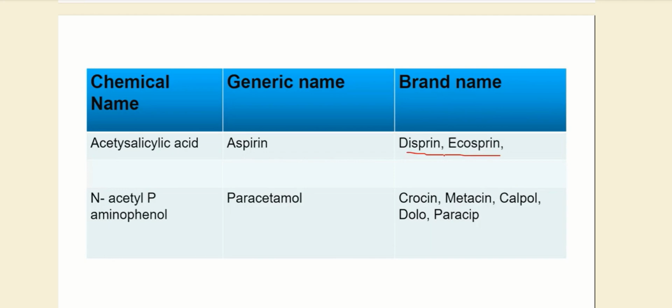The generic name is paracetamol, as we know. The brand names are Crocin, Metacin, Calpol, Dolo, and Paracip. This is the summary of chemical name, generic name, and brand names.